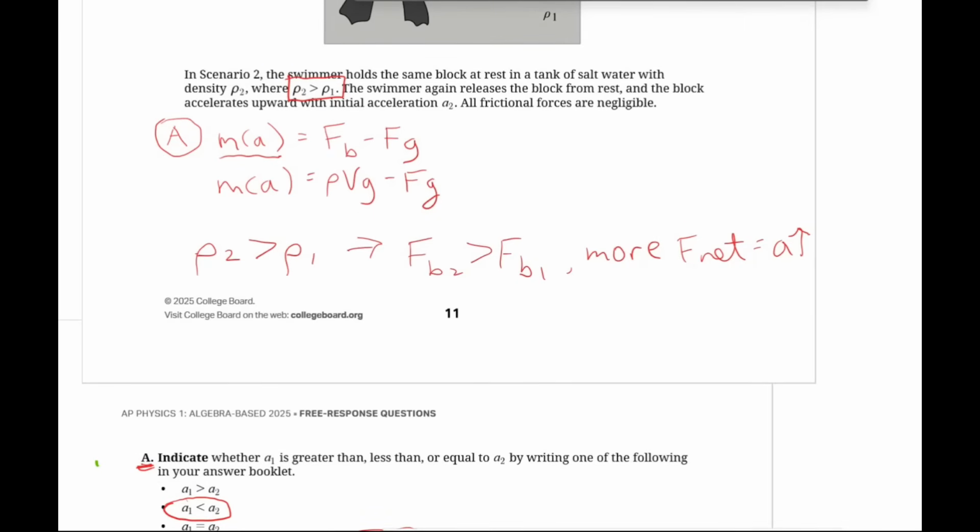And I said if rho 2 is greater than rho 1, then my buoyant force 2 must be greater than my buoyant force 1, because rho Vg is the product of 3 numbers that obviously includes rho, that gives us our FB. So FB2 must be greater than FB1. And then if you have more buoyant force, then you have more net force, and that equals more upward acceleration. So I would have written some of those things down along with a few sentences to back up some of my work.